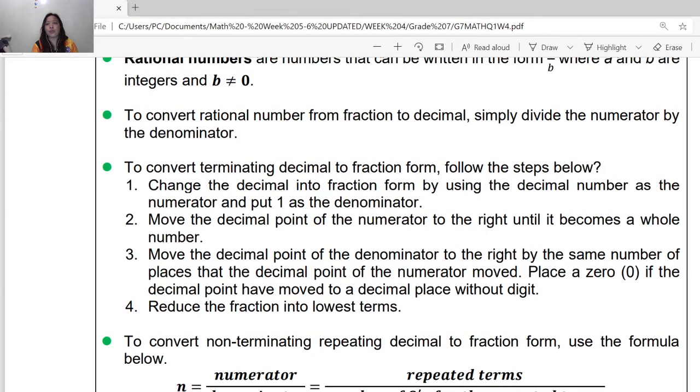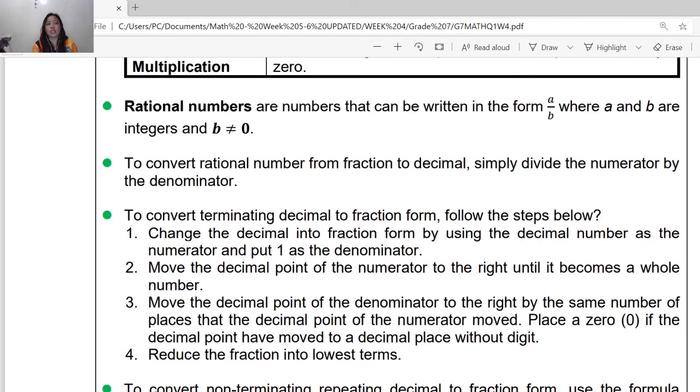So again, we will go back to rational numbers. Rational numbers are numbers that can be written in the form of a over b, where a and b are integers and b is not equal to 0. To convert a rational number from fraction to decimal, simply divide the numerator by the denominator. To convert terminating decimal to fraction form, follow the steps below. Number 1, change the decimal into fraction form by using the decimal number as the numerator and put 1 as the denominator.